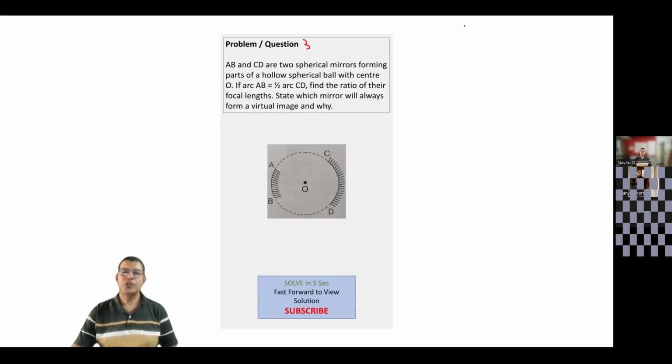Send me the solution on WhatsApp also. Okay, I got somebody's answer for the second problem, I think. So send me on WhatsApp also.